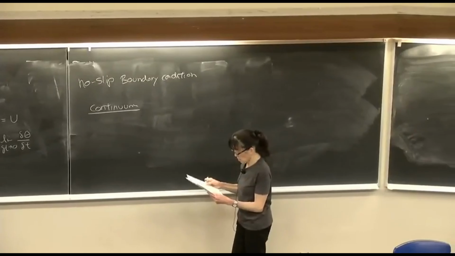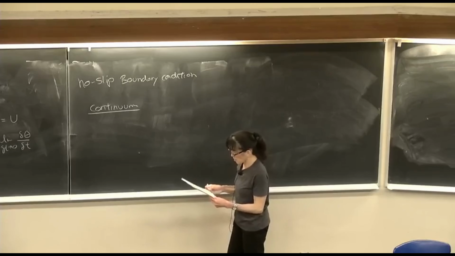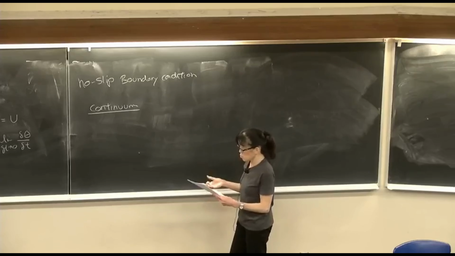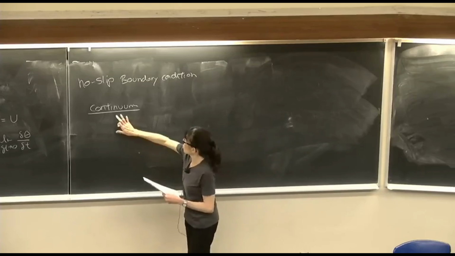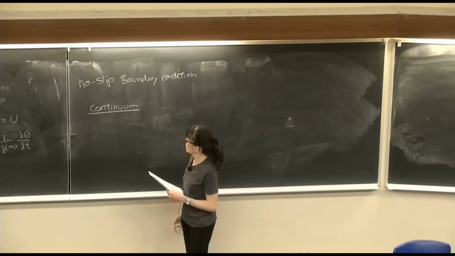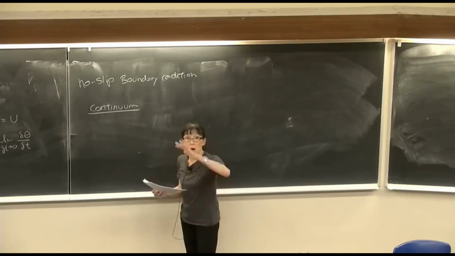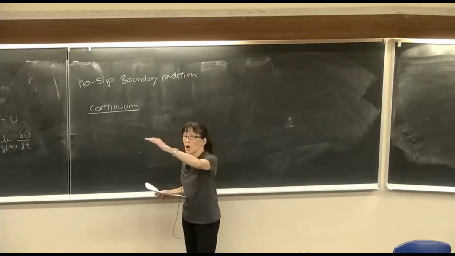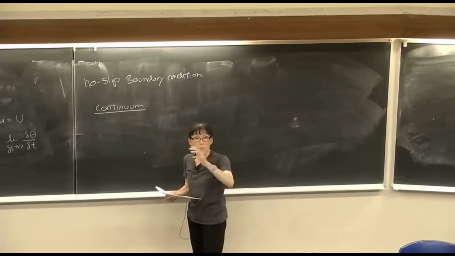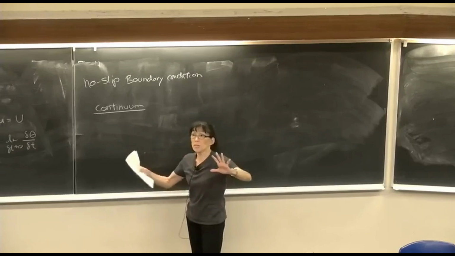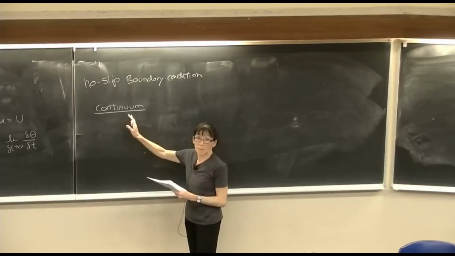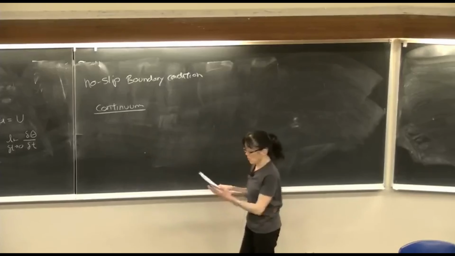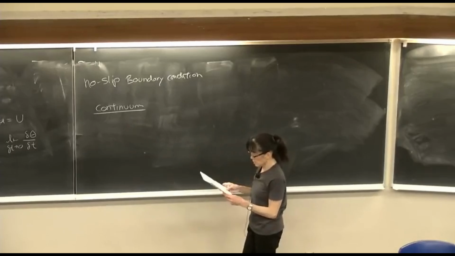And that's pretty much applicable for most situations. But there are some where the assumption of continuum breaks down. For example, at high altitude, the mean free path may be on the order of meters. Okay, so now you may need to consider that and analyze things a different way.